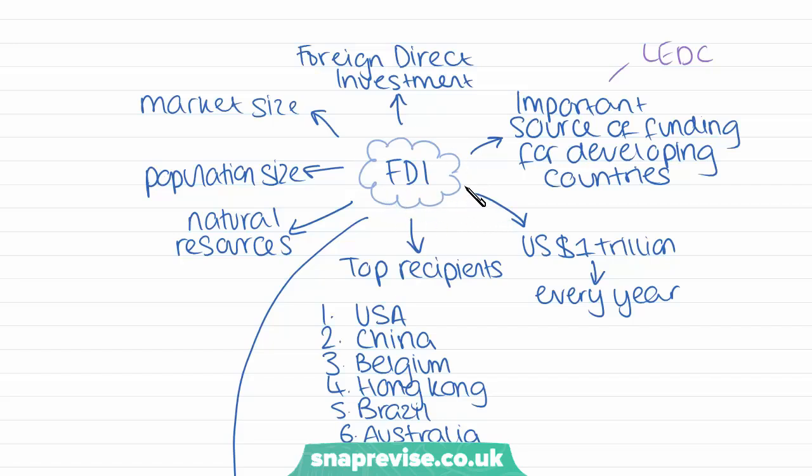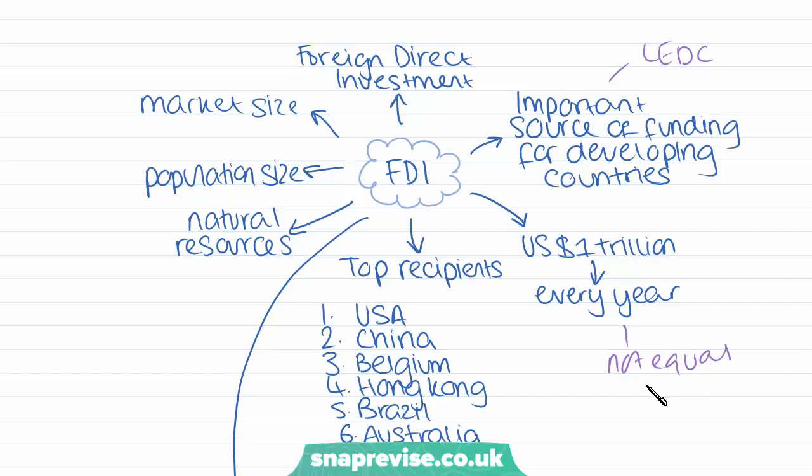So FDI is really important for the economic growth of many countries, especially the poorest countries. And each year, more than $1 trillion of foreign direct investment flows into countries all around the world, but the distribution of this foreign direct investment is not equal. So it's not equally shared between countries.